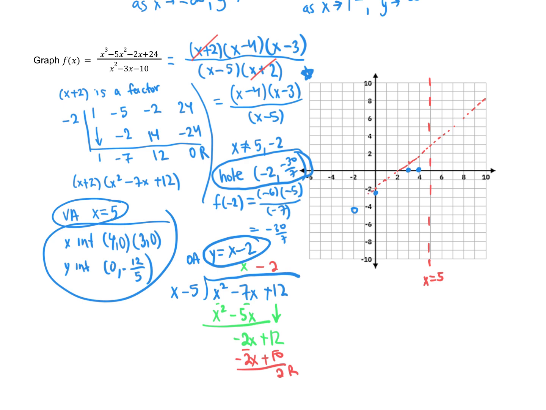There it is. Okay, and we have quite a few points on this side, so I have a feeling I know what's going to happen like this. But we can also get some points to see what happens here to the right of 5, that vertical asymptote.